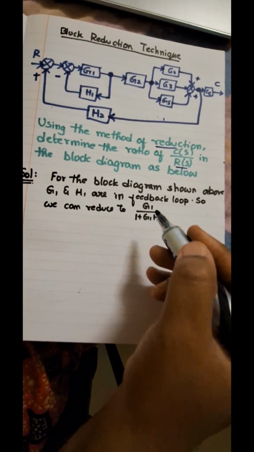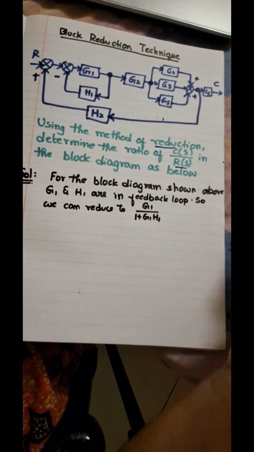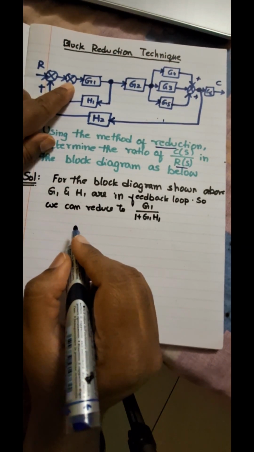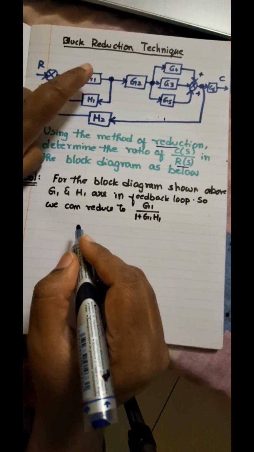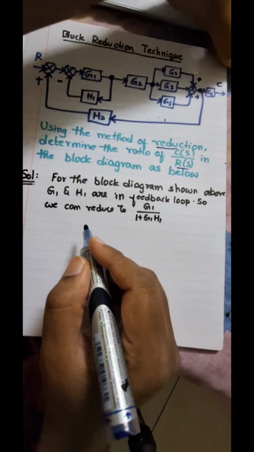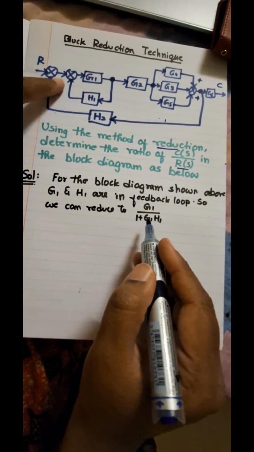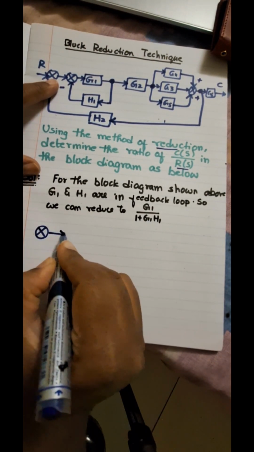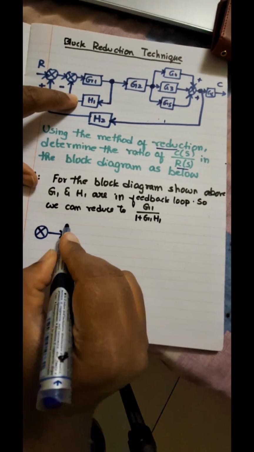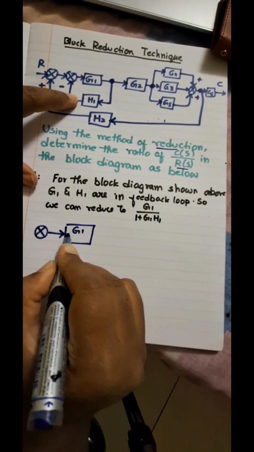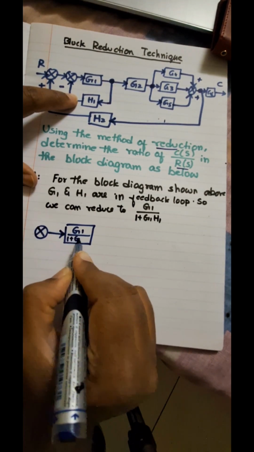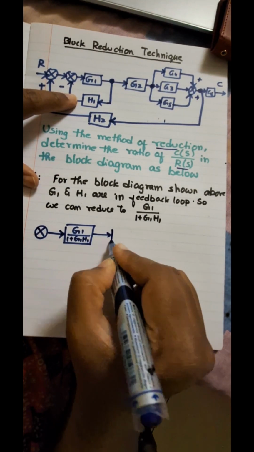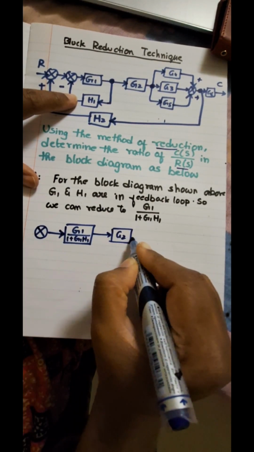Clear? So now this block diagram will be changed as, this summation will be gone, because the summation with the G feedback H is named as this. Now we will have only one summation, and these three are forming as G1 by 1 plus G1 H1. Then the remaining picture will be the same. G2 will be G2.